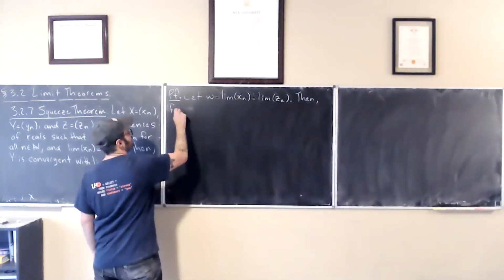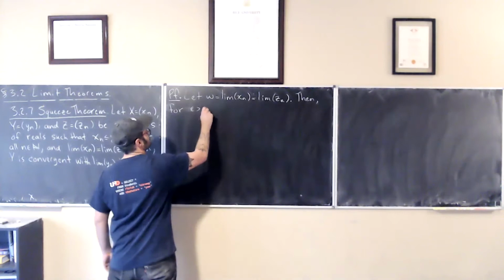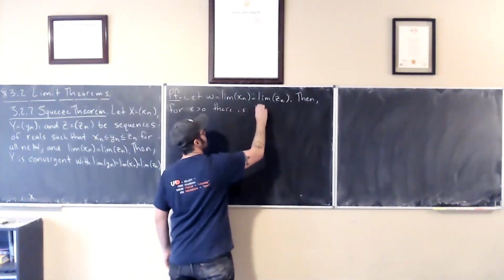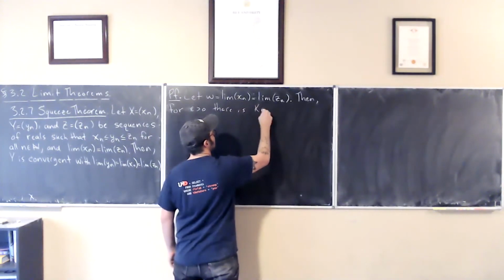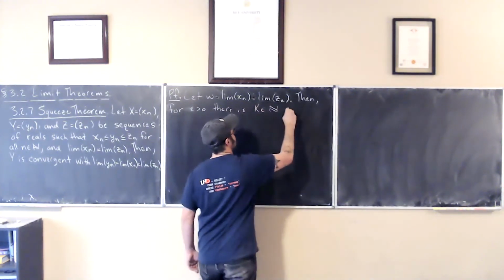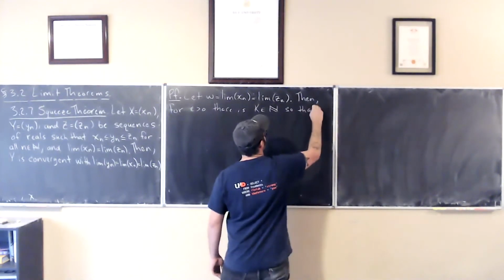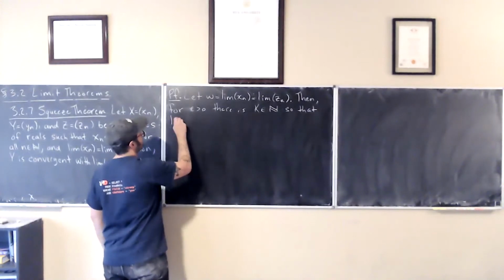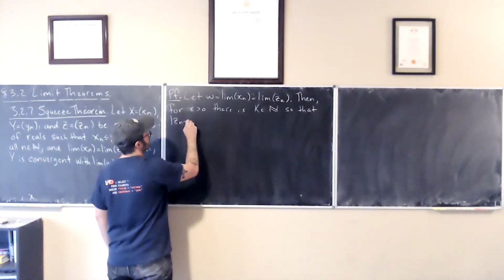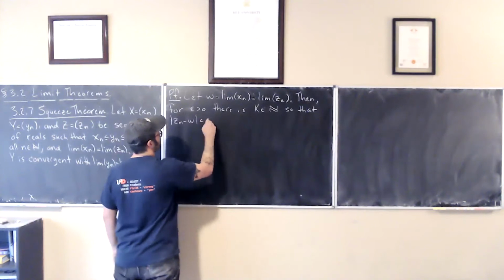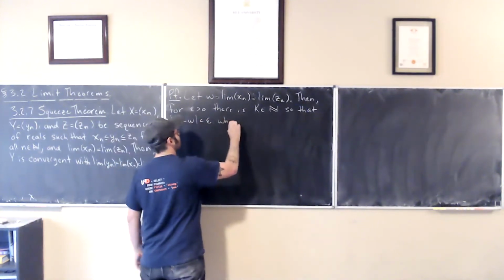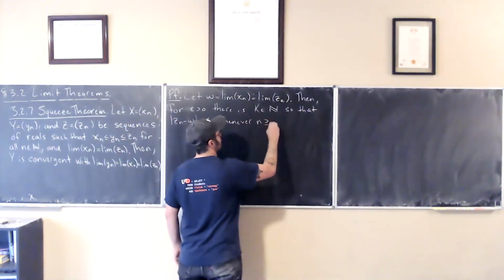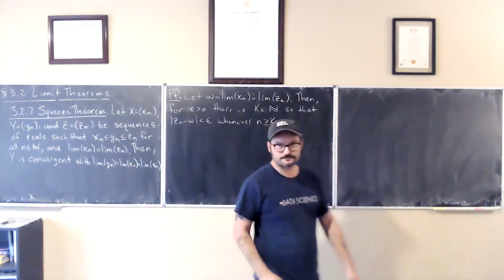So then, for epsilon greater than 0, there is some index k so that the distance from the sequence zn to w is at most epsilon whenever n is greater than or equal to that cutoff point.